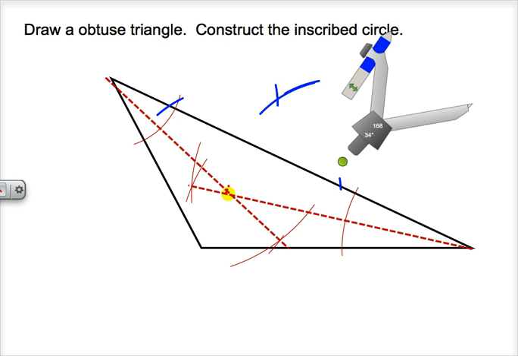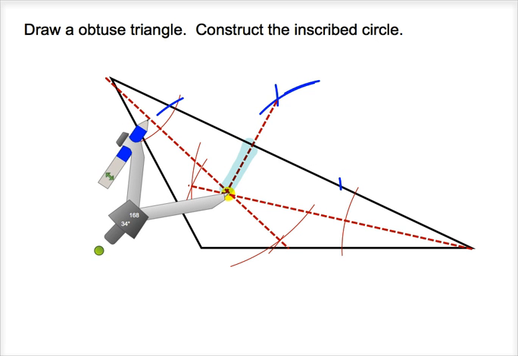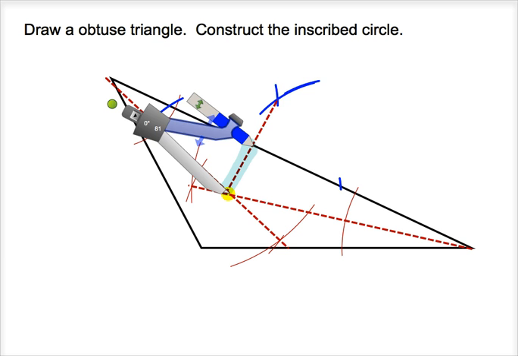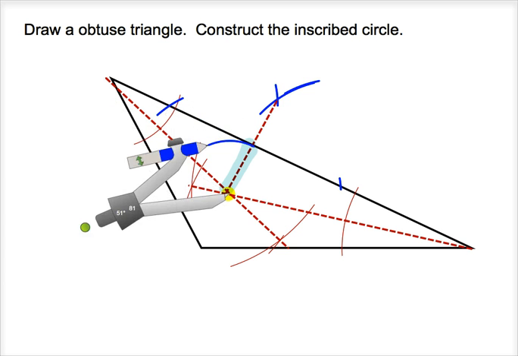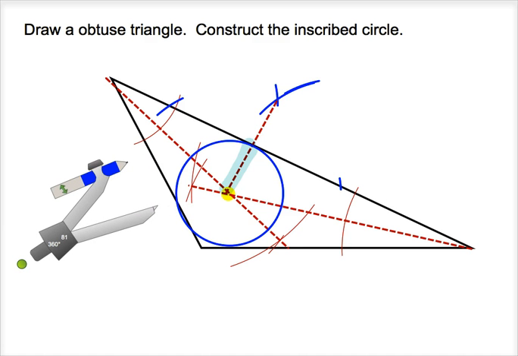And now if I draw from there to out here, the radius of my circle will be this piece right here. So let's put the point right there. We open up our radius to be where it touches the outside of the triangle. And if I draw my circle, it should be inscribed. And sometimes it gets a little bit off.